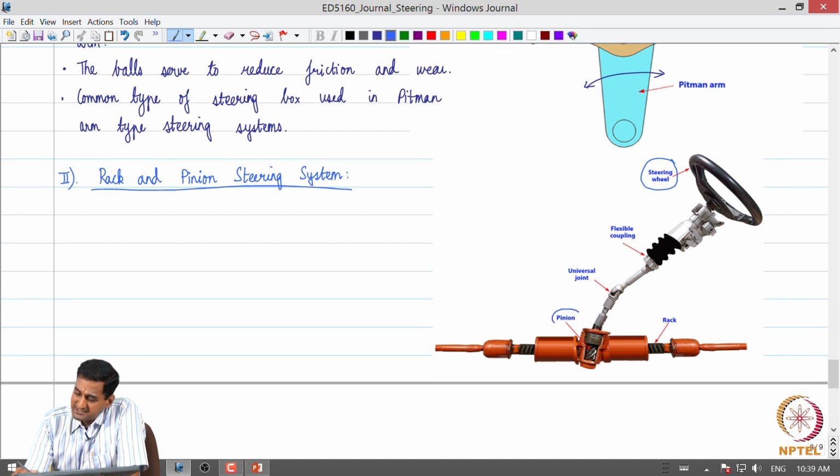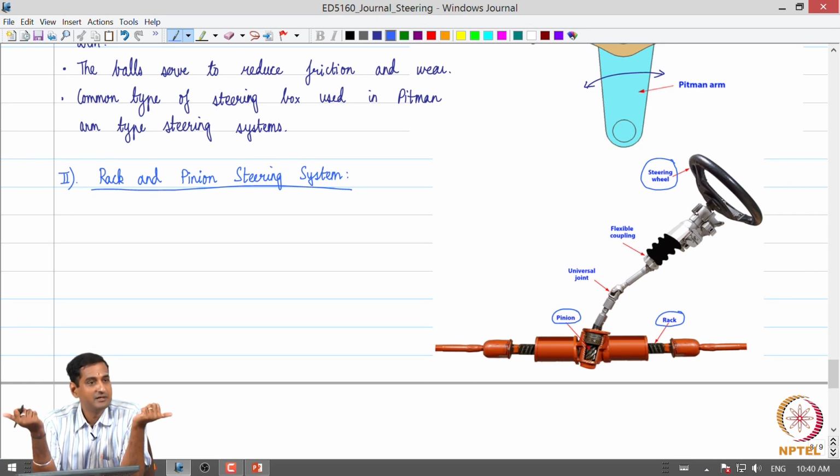A pinion is a gear which is attached to the end of the steering column, and the pinion gear meshes with a rack. So, the rotation of the pinion is converted to a translation of the rack through the rack and pinion mechanism, and this rack is then attached to the tie rods and the steering arm assemblies, which will then essentially steer the steered wheels.